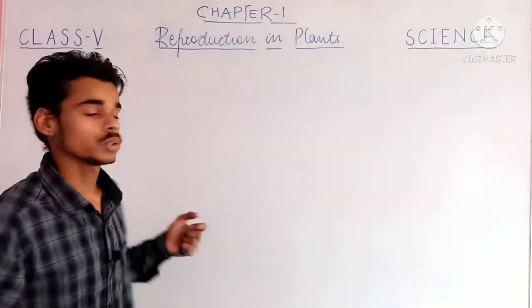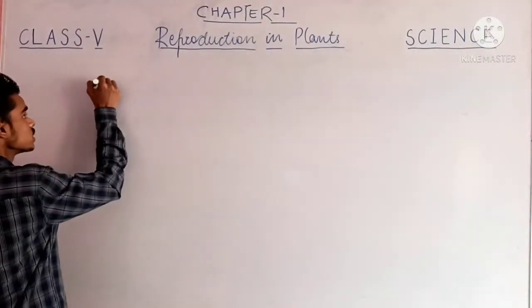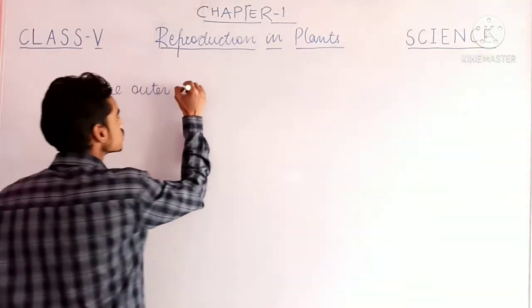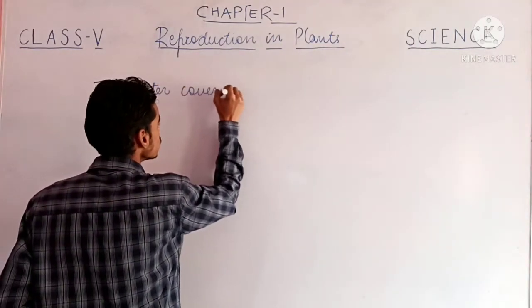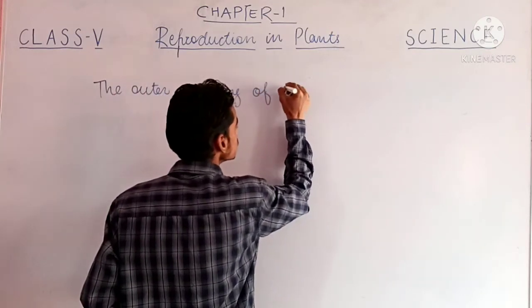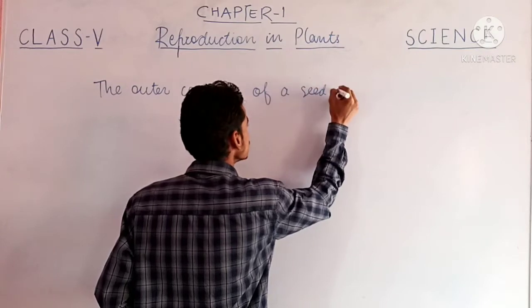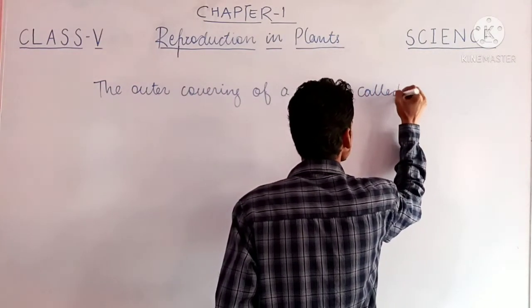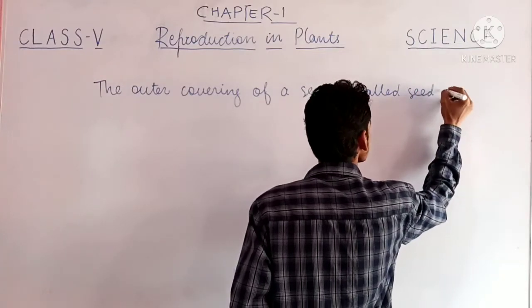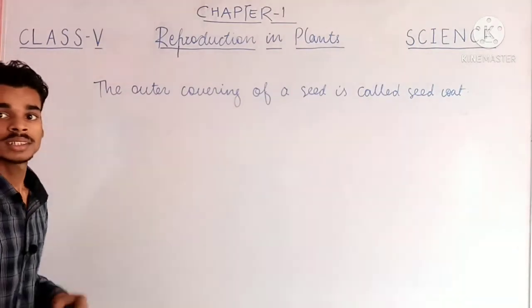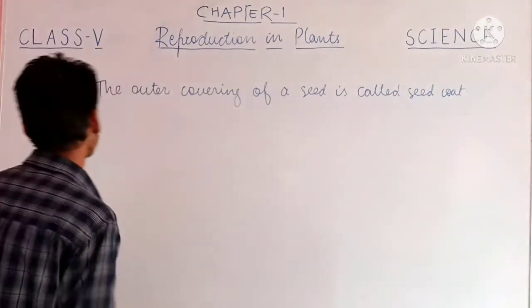So what is seed coat? The outer covering of a seed is called seed coat.